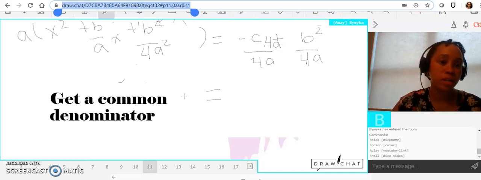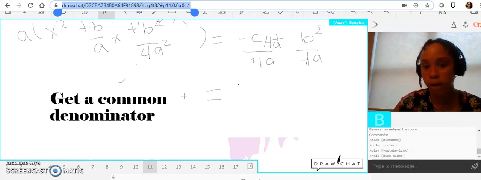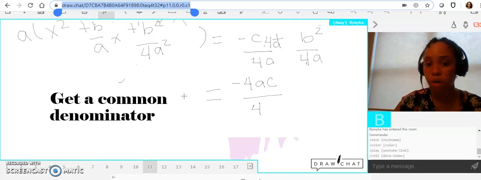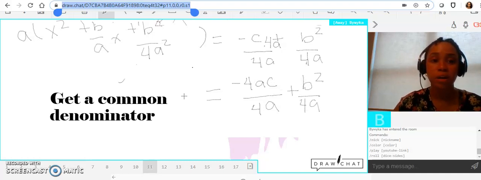So without writing this over, I'm going to rewrite it. It's going to be negative 4ac. Remember, in algebra, we usually write our variables in alphabetical order. All over 4a plus b squared all over 4a. So now I can combine those, right? And I can also reduce this because I completed the square, so that means that I can condense it to square form.